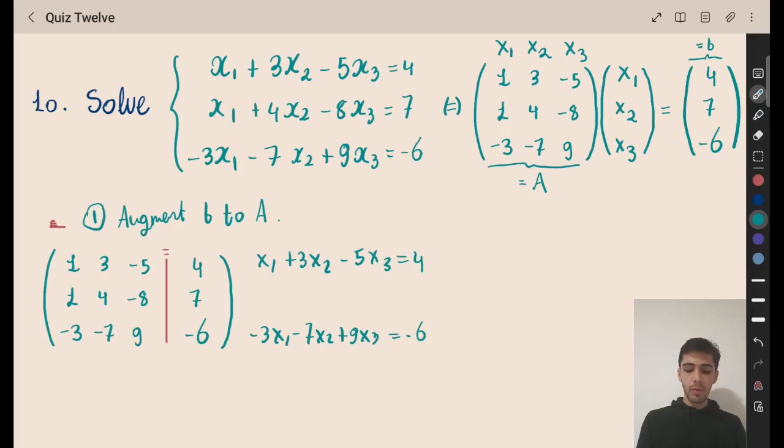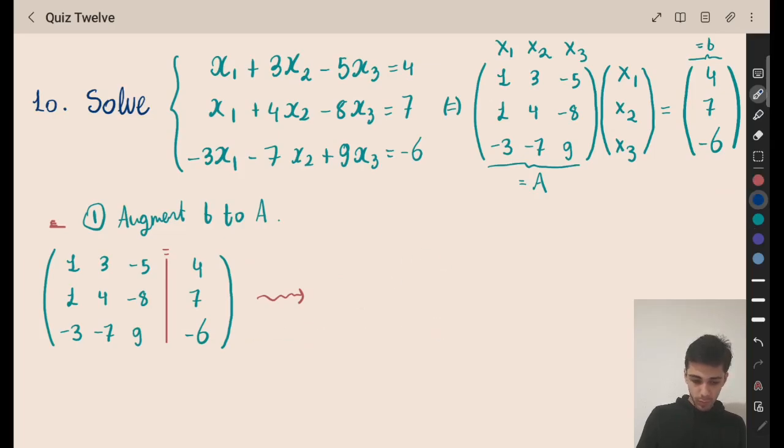So this is good. It will be amazing if we can have something that looks like this. X1 is equal to this, x2 is equal to that, x3 is equal to that. The only way we would have this is if the following happens.